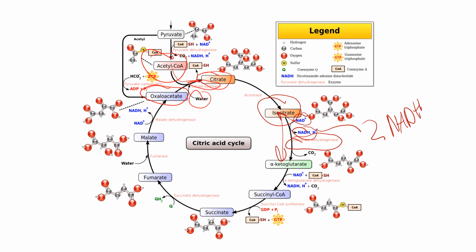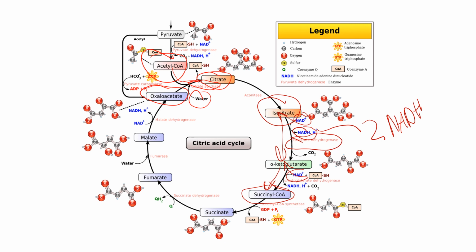Next, a very similar thing is going to occur. The enzyme alpha-ketoglutarate dehydrogenase is going to assist in converting alpha-ketoglutarate into succinyl-CoA. And the way that this occurs is by NAD coming along, stealing some hydrogens off of alpha-ketoglutarate, so oxidizing it to succinyl-CoA. And what do you know?